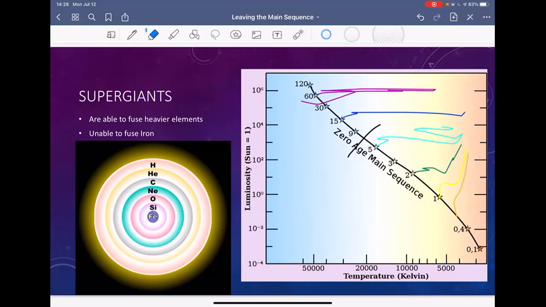But the issue with a supergiant is that it can only fuse up to silicon. You can't fuse iron. And the reason for that is that it actually takes more energy to fuse iron than the reaction releases.